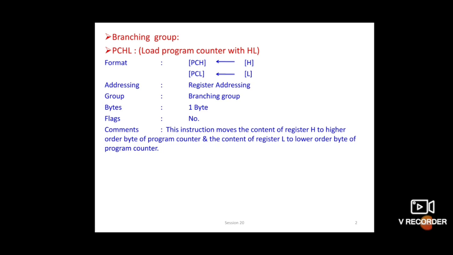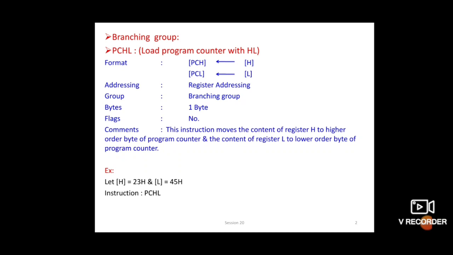Now see, this instruction moves the content of register H to the higher order byte of the program counter, and the content of register L to the lower order byte of the program counter. Now see the example. Let H contain 23H and the L register contain 45H. The instruction is PCHL.